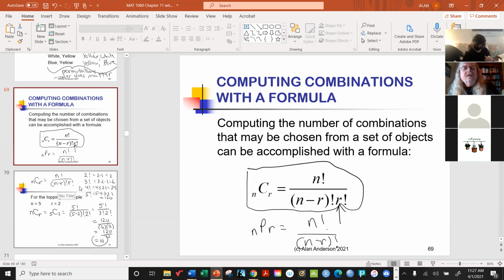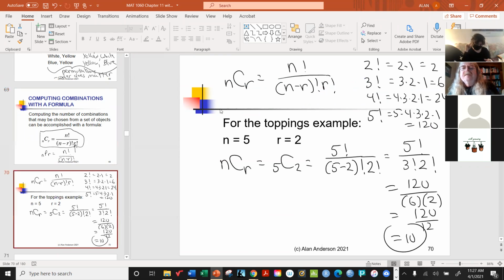We plug in the numbers: here n is 5 and r is 2. In the denominator we have the product of 3 factorial times 2 factorial. When we work through the math, we end up with 10 combinations that we can create when choosing 2 toppings out of 5.